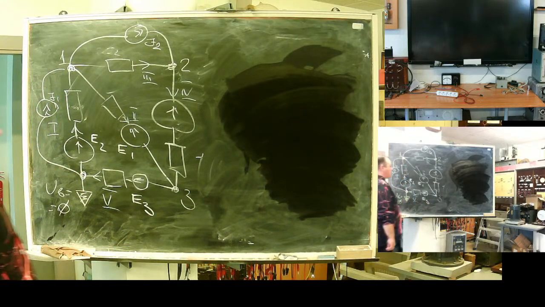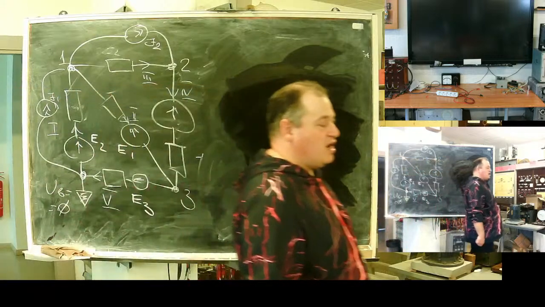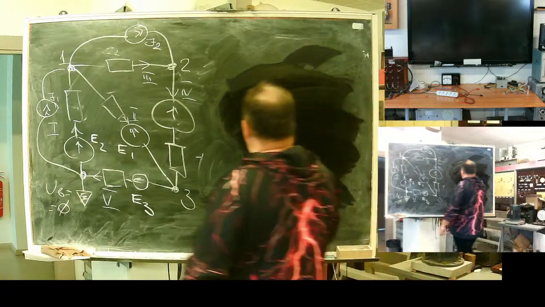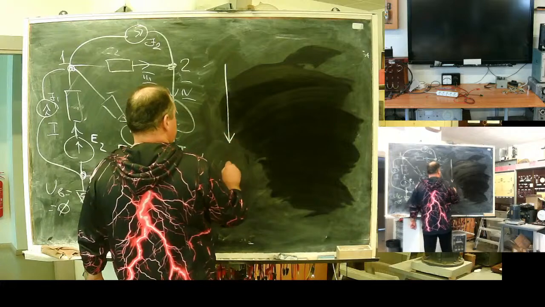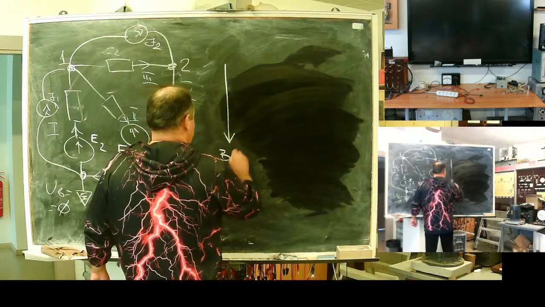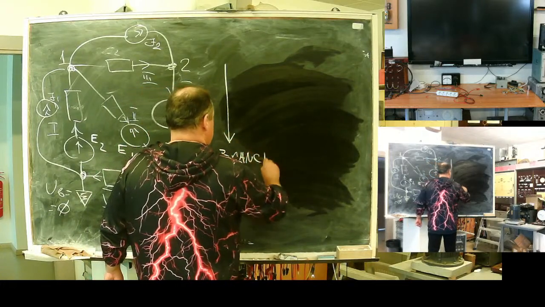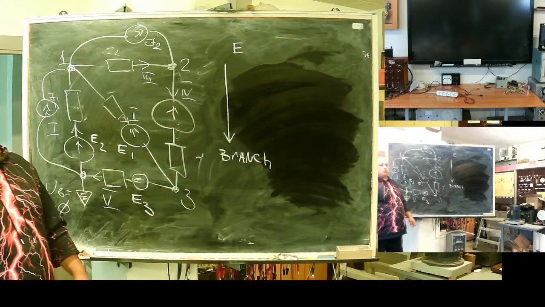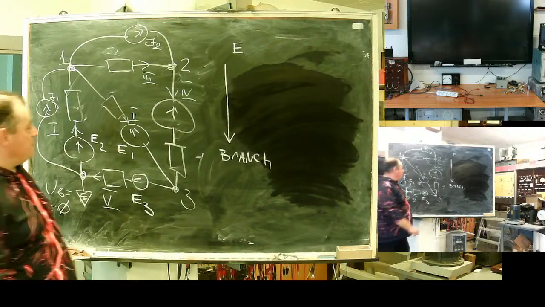Okay, how can I account for EMF and current sources? First for EMF. The vector of voltage sources for EMF.